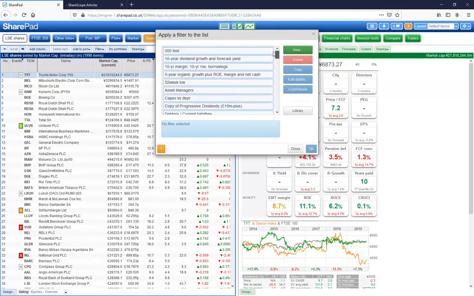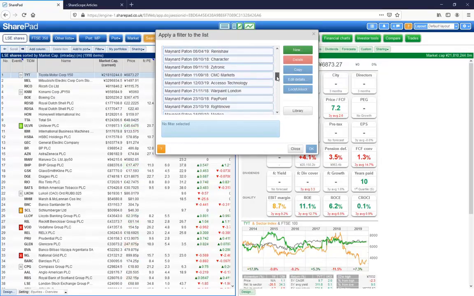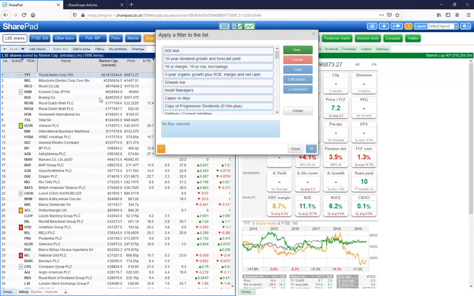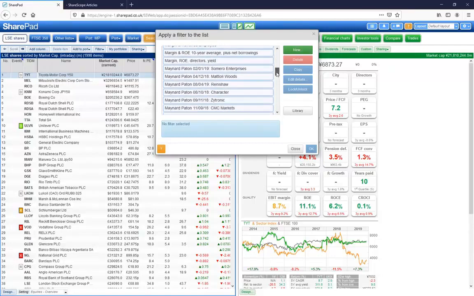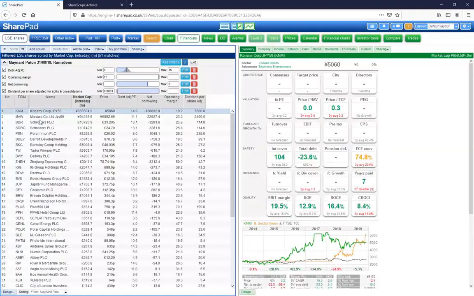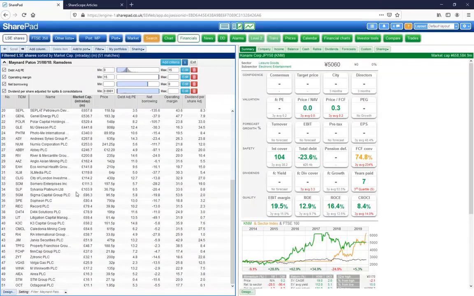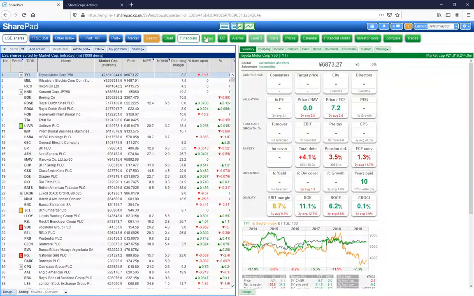I'm always playing about with different filters, tweaking them, just to get an idea. This is just an idea generator, so you get a short list of companies to look at by applying a filter. So I don't have a favourite, but I'm always creating new filters and tweaking them to get ideas.